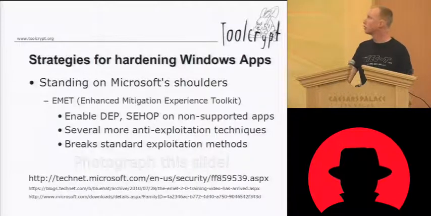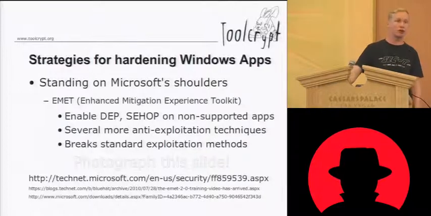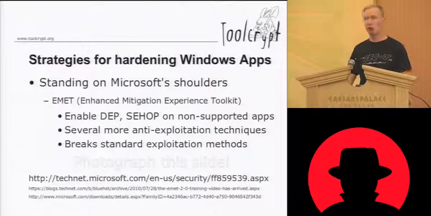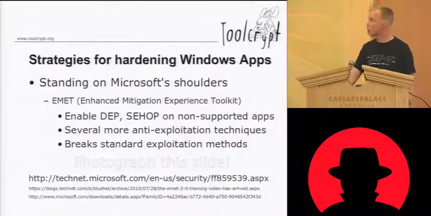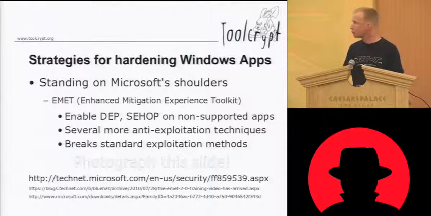EMET has taken some of these mitigation techniques that we've talked about that are available on Vista and above, for example SEHOP, that's only available on later operating systems, and ported them into something that's compatible on XP as well.